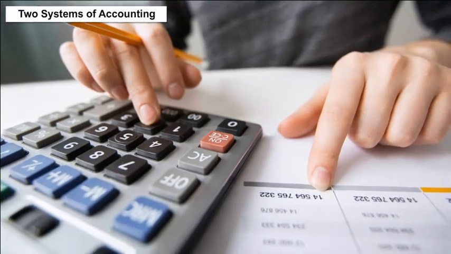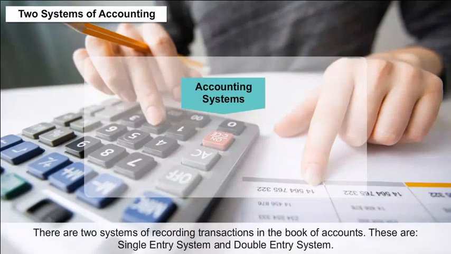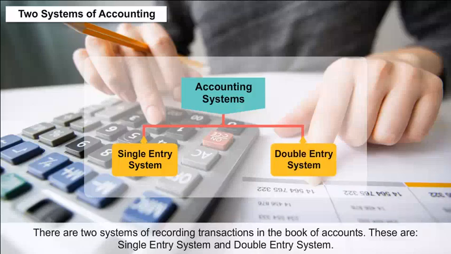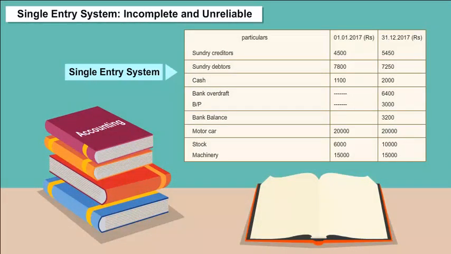Two systems of accounting. There are two systems of recording transactions in the books of accounts. These are single entry system and double entry system. Single entry system, incomplete and unreliable.